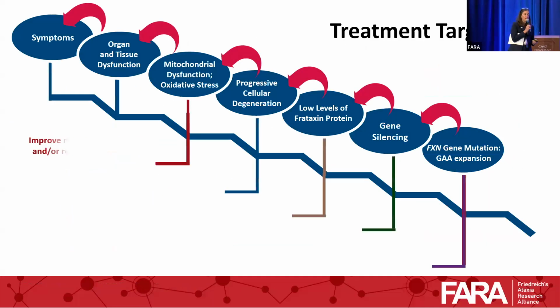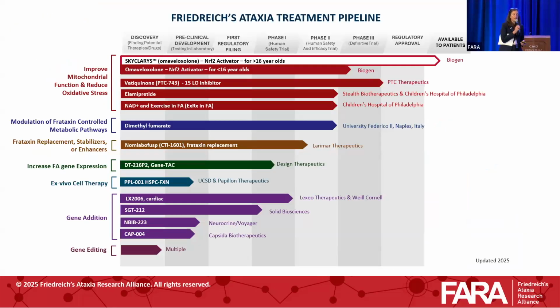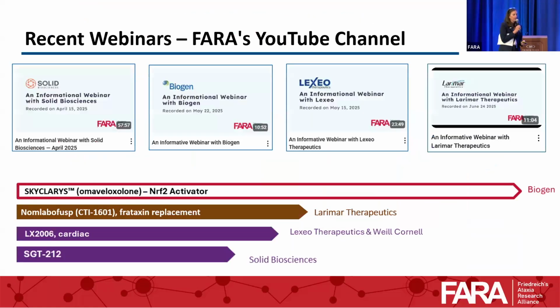So when we think about developing therapies, we look at all of those things, from the symptoms all the way down to the gene mutation. The goal is to have multiple different therapeutic approaches at all of those points. And that's how you get to this treatment pipeline. We know we're going to need lots of different therapies to ultimately achieve our goal of treat and cure FA.